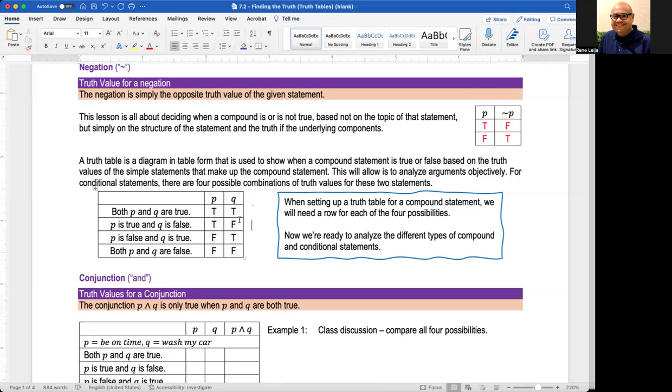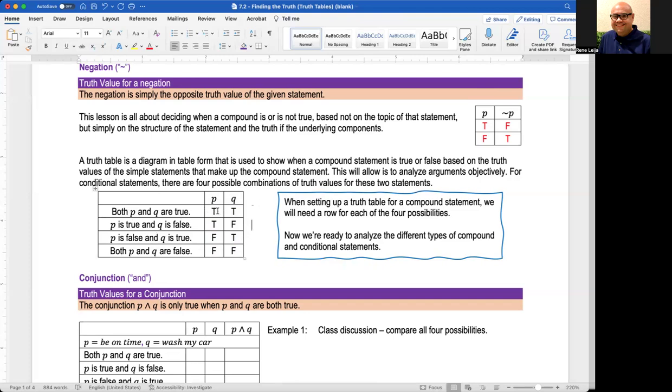So you have 4 basic types of scenarios. This is when we only have 2 statements that we're looking at, P and Q. We could have 3, P, Q, and R. We could have 4, P, Q, R, S. I can ask you all kinds of things to find the truth value for, but you are going to have to remember this.